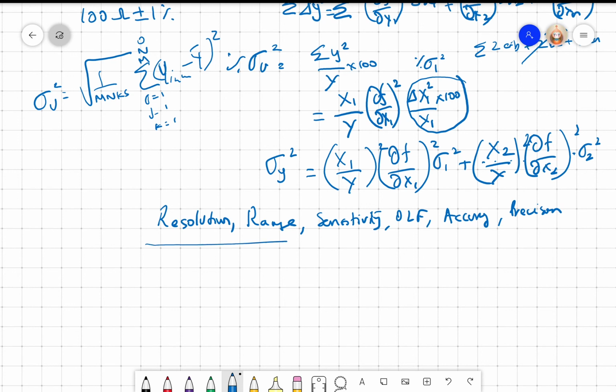While all these are applicable to most transducers, precision is not that encountered in the real world.